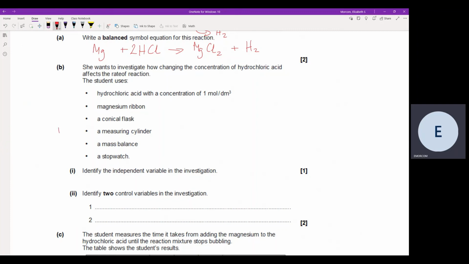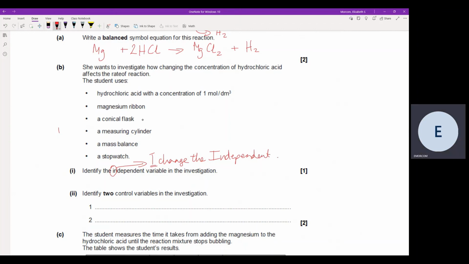Well, the independent one is the one that I change. So I change the independent variable. Okay, so what are we changing?